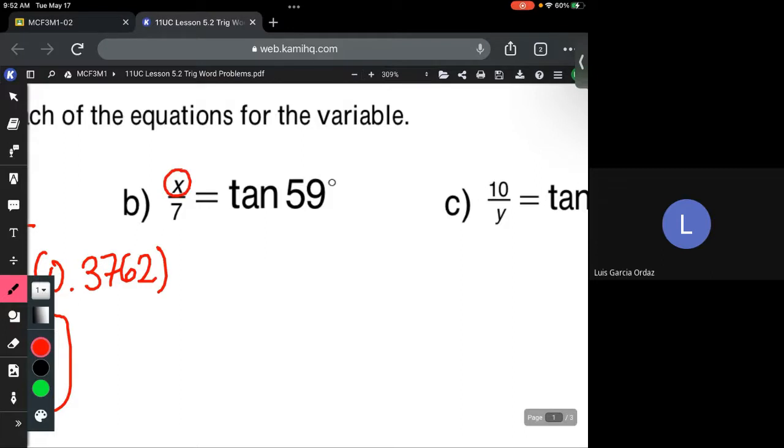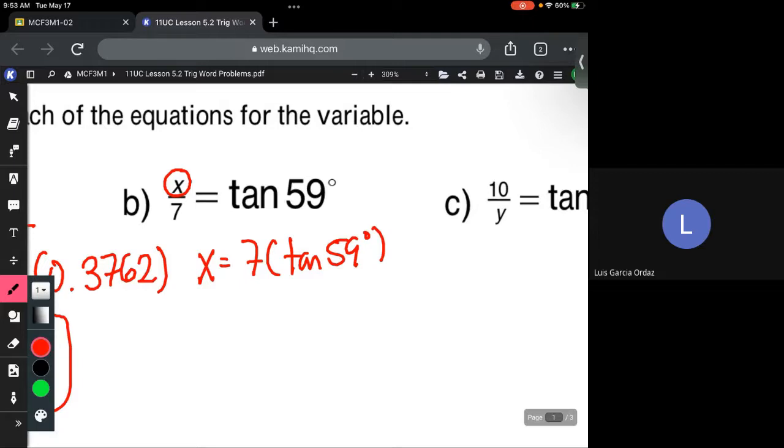So we have the next one for B, we have x over 7 is equal to tan 59. How am I going to isolate for x? Look at your note from yesterday. Multiply by 7. So it's going to be x is equal to 7 times tan 59. Why am I multiplying? Because 7 is my denominator. So in order to get rid of the denominator, which is the same thing as division, I have to do the opposite, which is multiply.